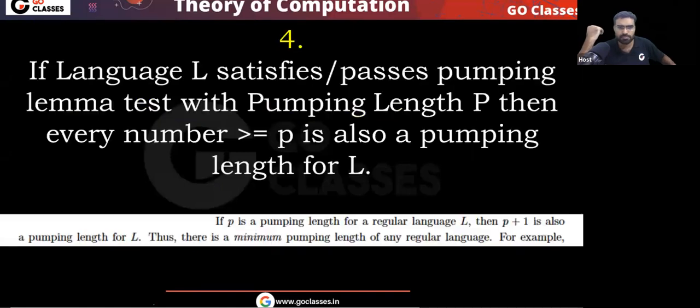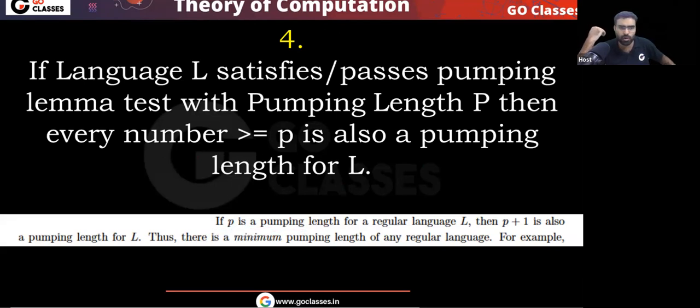Now let's move on. This is the next property, the fourth statement. This also we have seen. Read this. If P is a pumping length for language L, then can I say P plus 1 is also a pumping length?